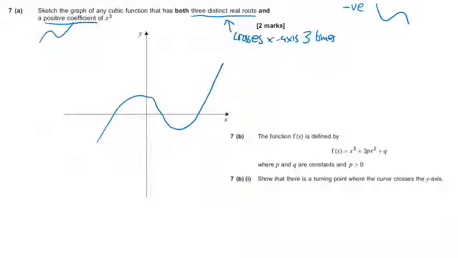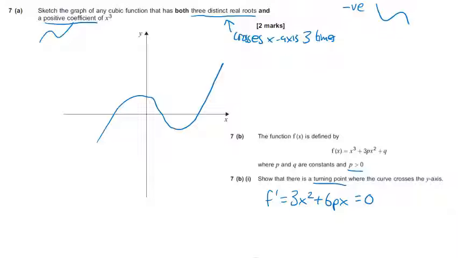Okay, part B. So we're given a cubic now, and we're told that p is greater than 0. Show that there is a turning point where the curve crosses the y-axis. So turning point, I want to differentiate the function. So 3x squared plus 6px, and q is a constant, so that differentiates to 0.